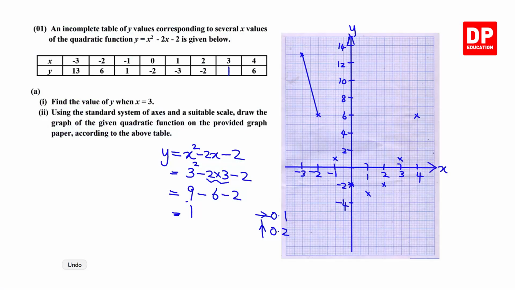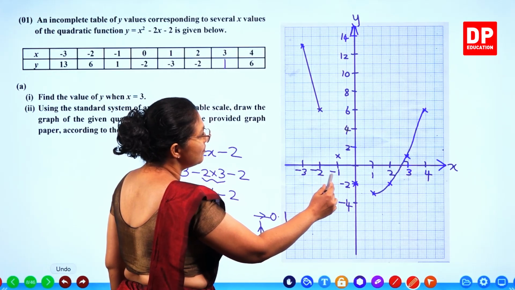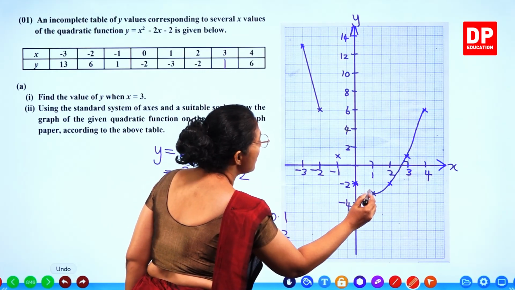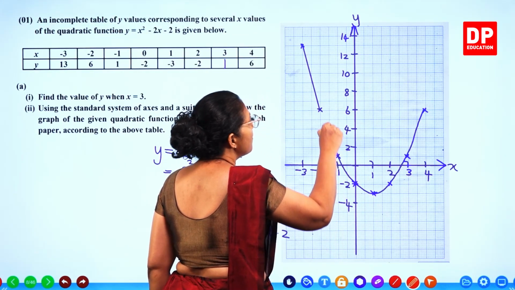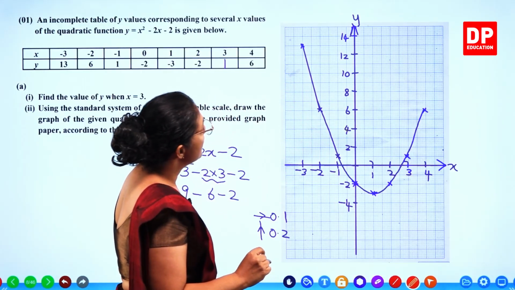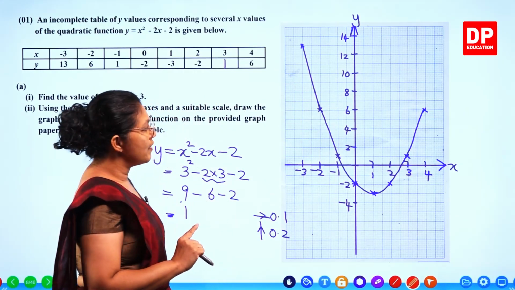I can start from the vertex point and smoothly connect up to this point. And what about this side? Now we'll take this side. We'll start from here and smoothly connect this. So this is the quadratic graph given.